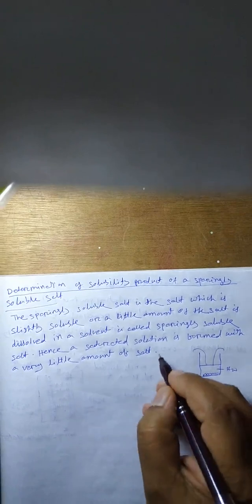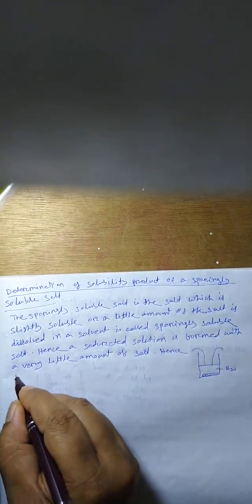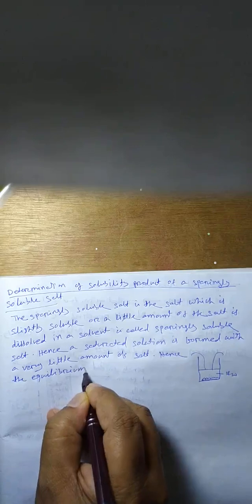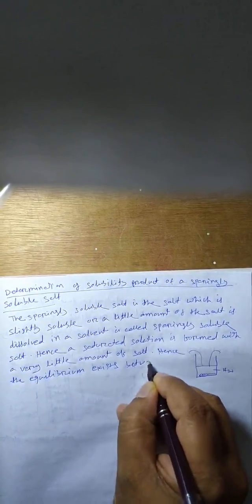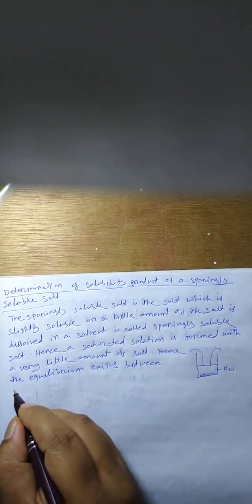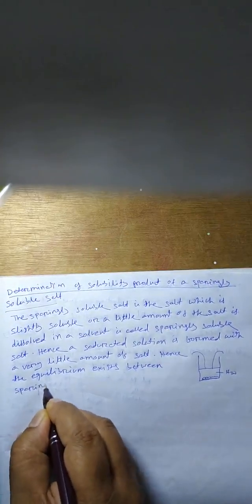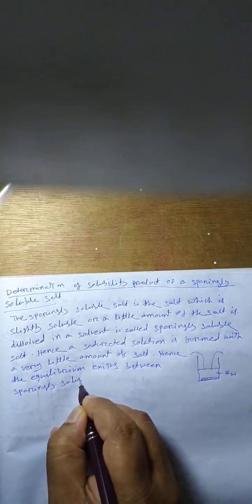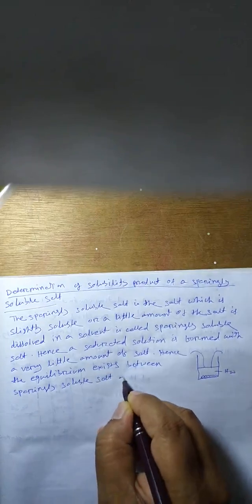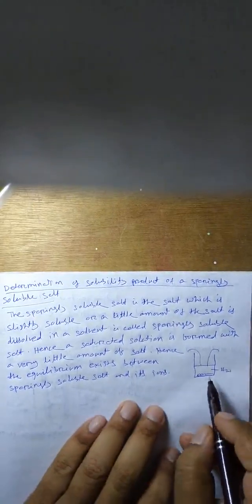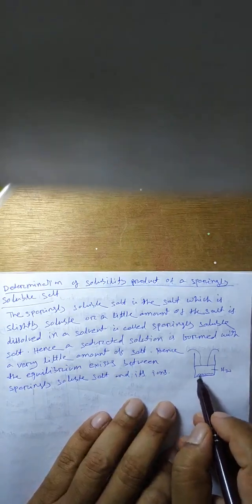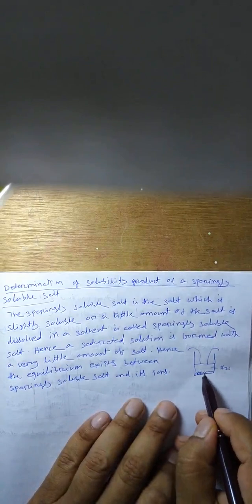A saturated solution is formed, so an equilibrium exists between the sparingly soluble salt and its ions. Suppose you put in a large amount of silver chloride and it settles down at the bottom.